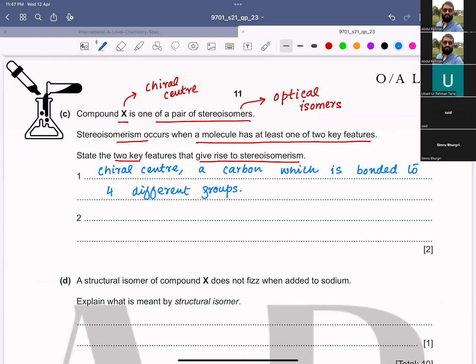Number two, the other stereoisomer is geometrical isomer, which is exhibited by molecules having a carbon-carbon double bond.